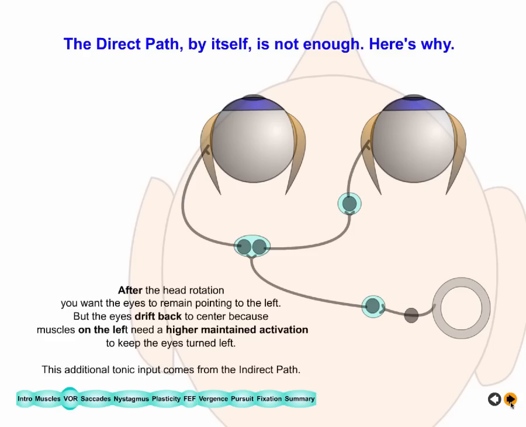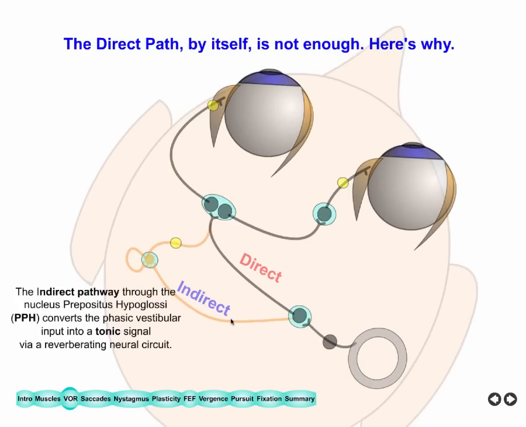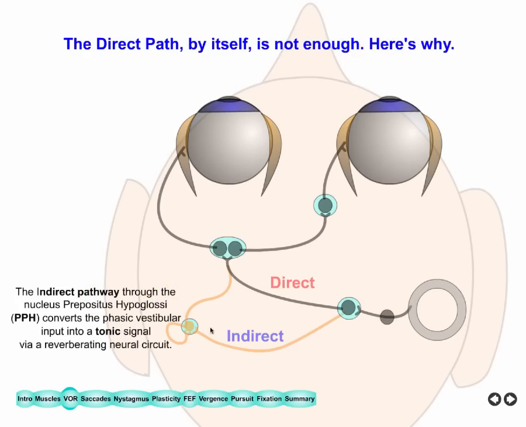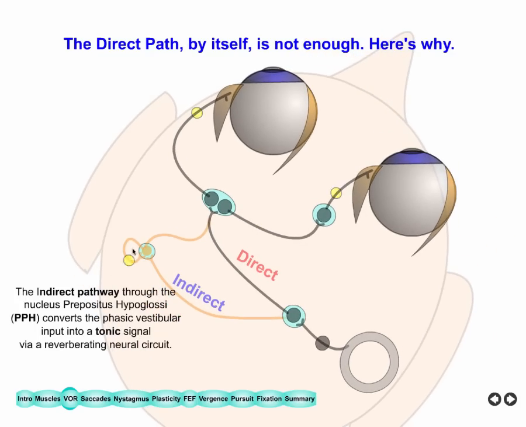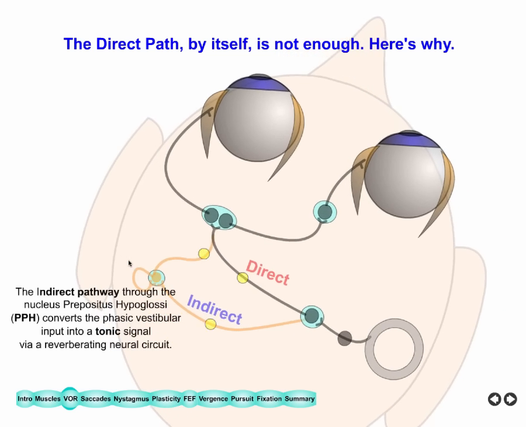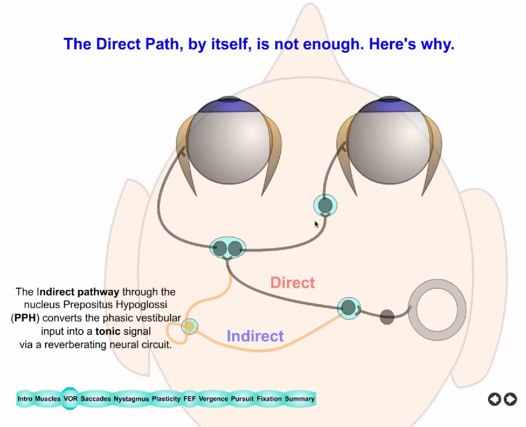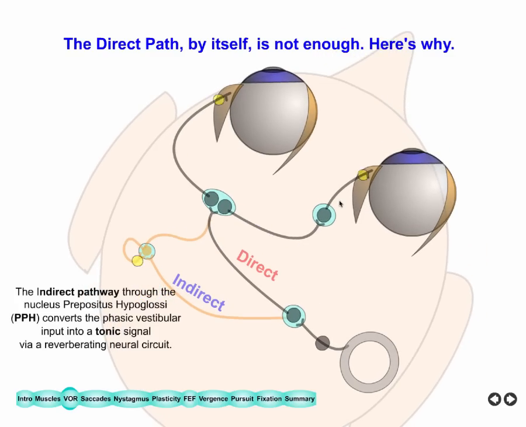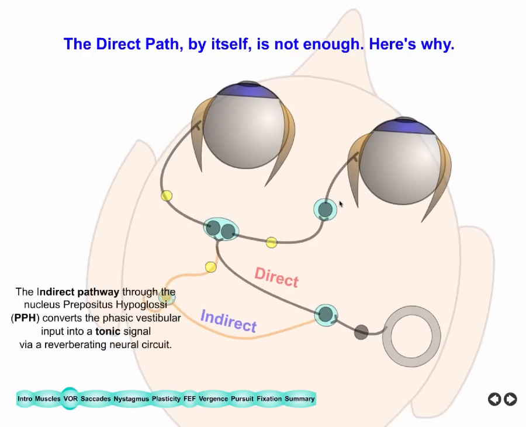Well, it's something called the indirect pathway. And this is the indirect pathway of the VOR. And the indirect pathway of the VOR goes through this horribly named prepositus hypoglossi. Okay? PPH for short. And what it does is it produces a tonic signal that keeps the eye in its contracted position.